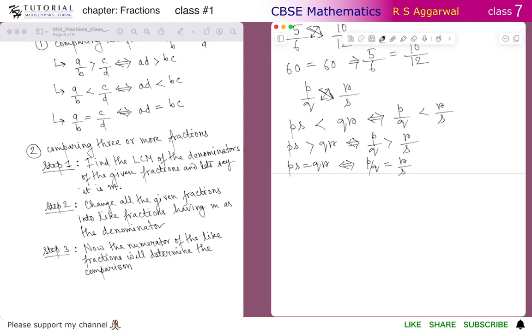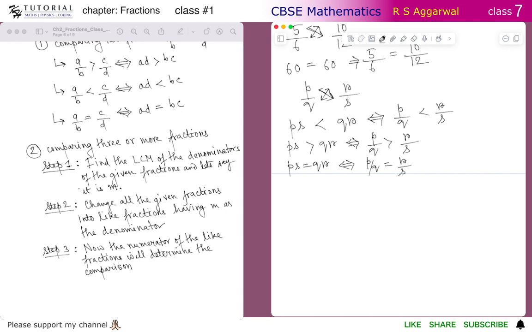In step 2, we change all the given fractions into like fractions having m as the denominator. So we convert all the given fractions into equivalent fractions, and all the equivalent fractions will have the same denominator, which is m. And what is m? m is the LCM of the denominators of the given fractions.